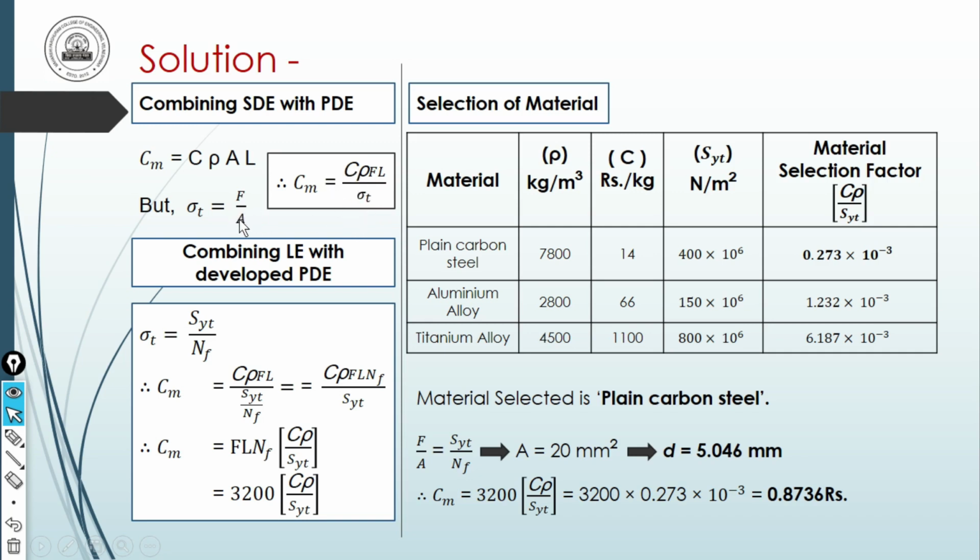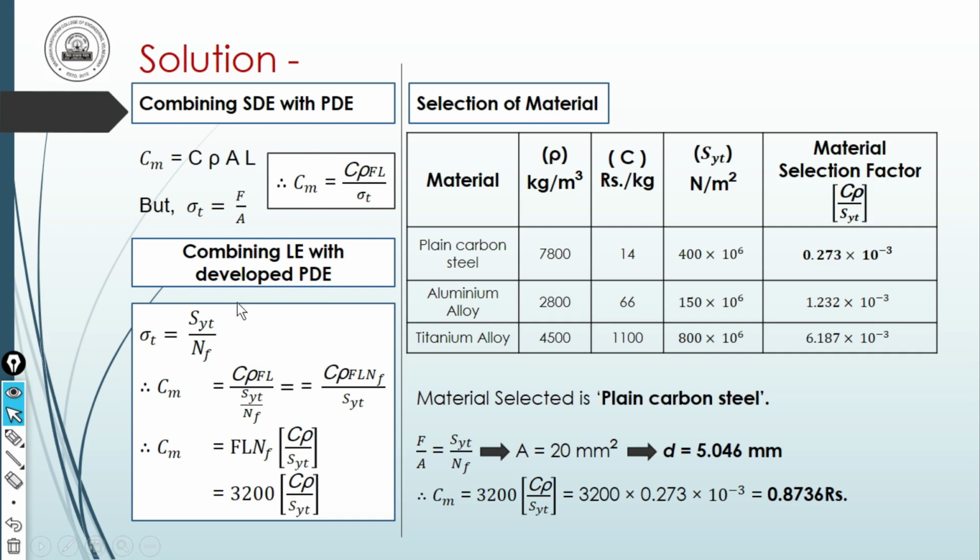Here the undesirable unspecified parameter is area. Now which is unknown to us, but what is known to us is F and sigma. So we'll combine SDE with PDE to obtain this equation, that is Cm is equal to C rho FL upon sigma T.